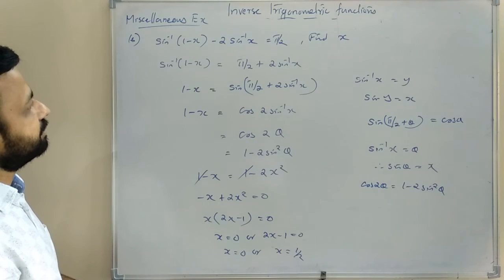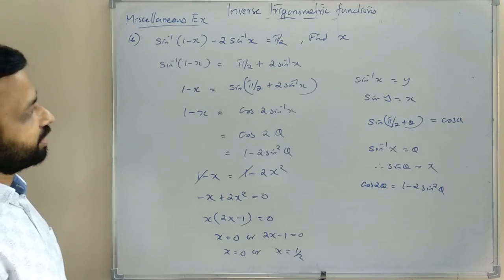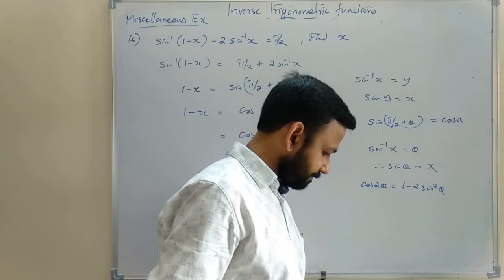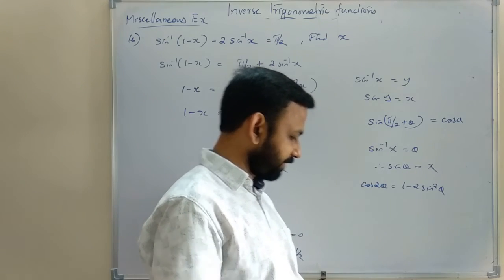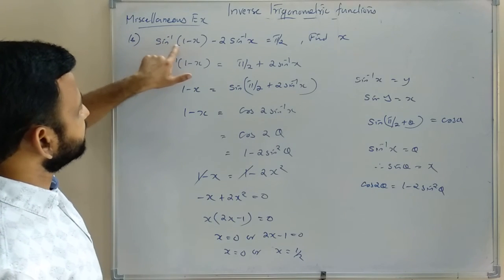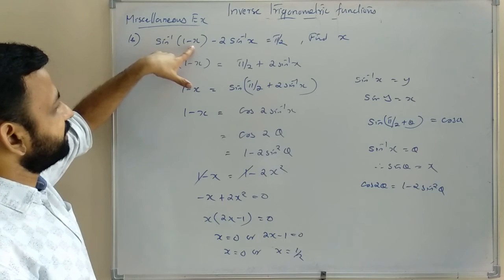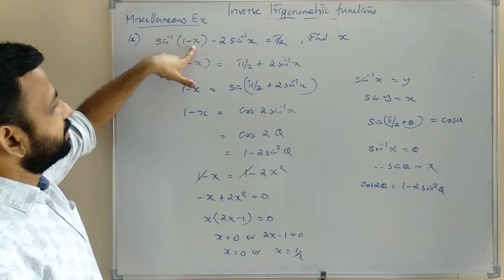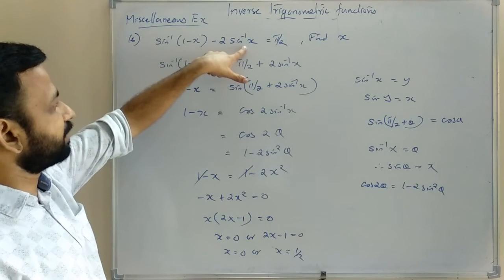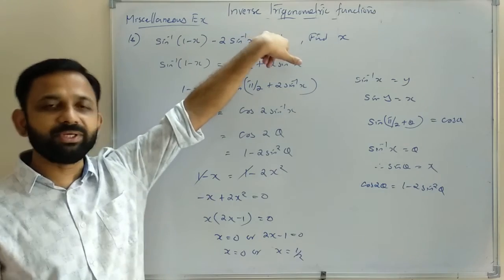When we replace x with 1 by 2, sin inverse of (1 minus 1 by 2), that is sin inverse 1 by 2, minus 2 sin inverse 1 by 2, gives minus sin inverse 1 by 2, which is not equal to pi by 2.